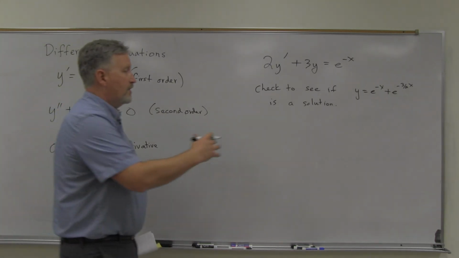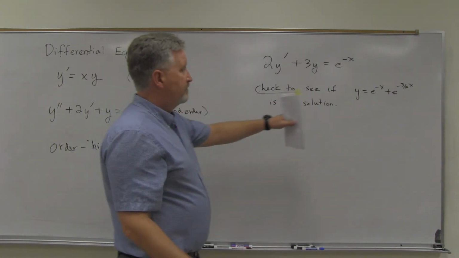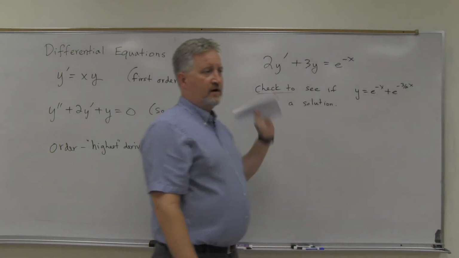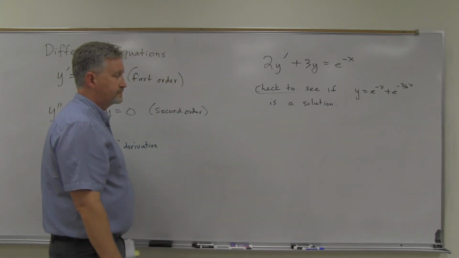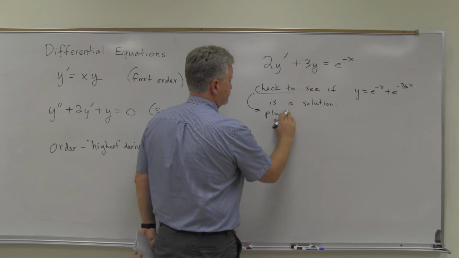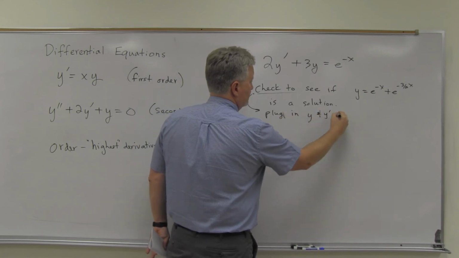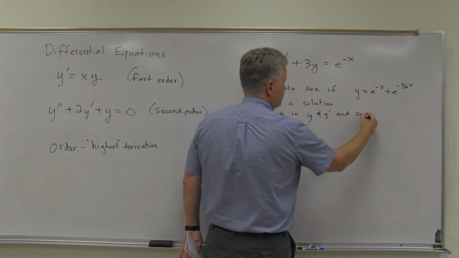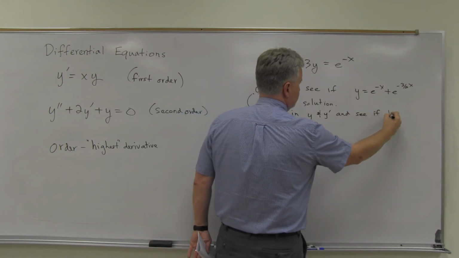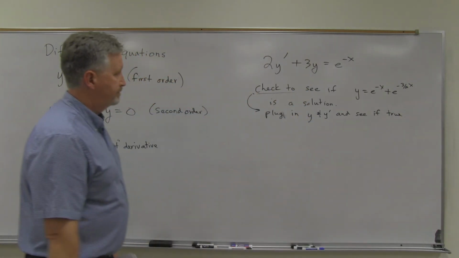Check or verify just means plug in the y, in this case the y prime, and its derivative, and see if it works. That's all we're going to do here.